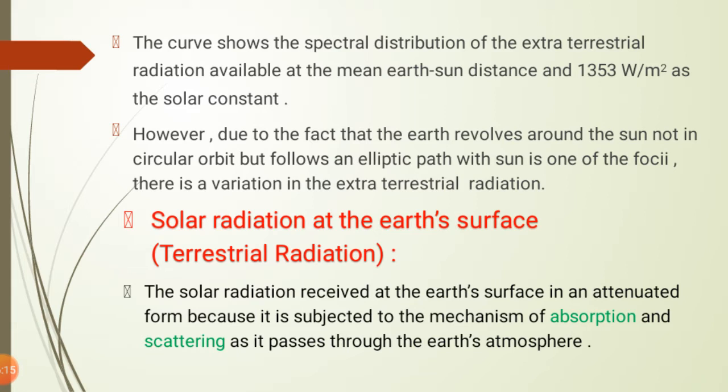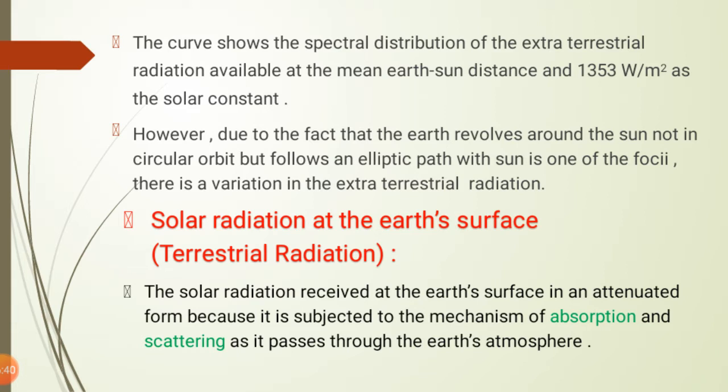When the sun emits radiation, it goes through the Earth atmosphere, and there are different possibilities such as absorption and scattering. After absorption and scattering we get the radiation, and this radiation reaches the Earth surface.